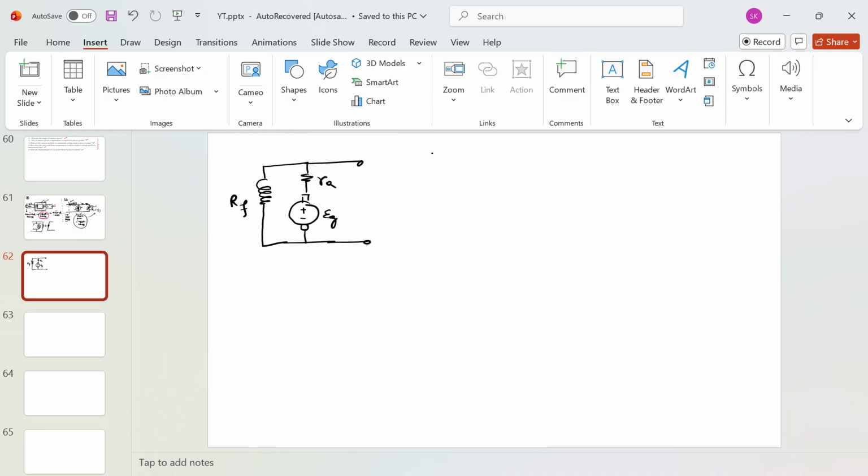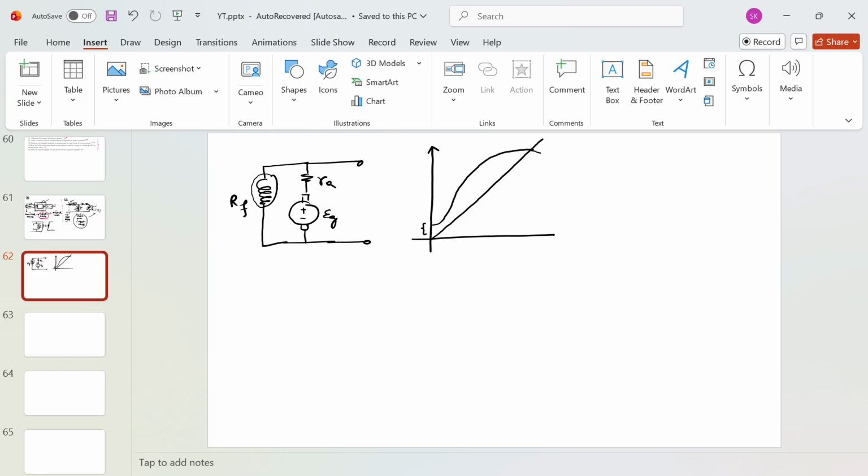If you see the voltage build-up process of the shunt DC generator, it starts like that, and this is the EF voltage, and this is my field resistance graph. Initially, this amount of voltage is because of residual flux. So initially the magnetic circuit or the field circuit will have some residual voltage.